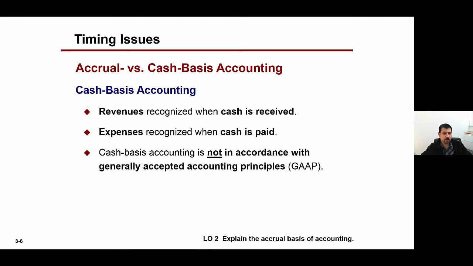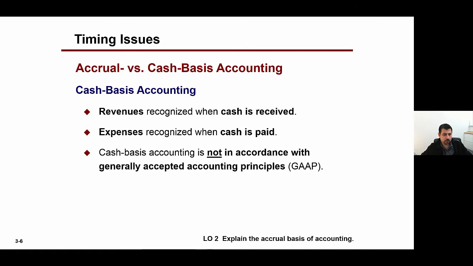Basically, revenues are recorded when you receive cash. So when you make a sale, it doesn't matter as long as you haven't received cash. Under cash basis accounting, you only record revenues when you actually receive cash, and you only recognize expenses when you pay in cash. So it's cash in and cash out.